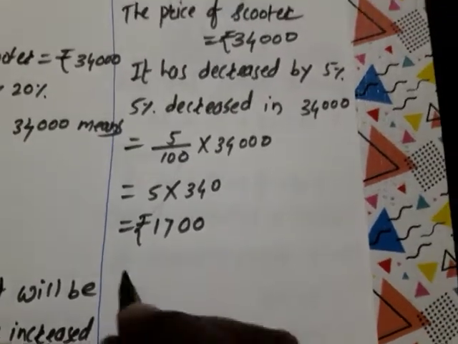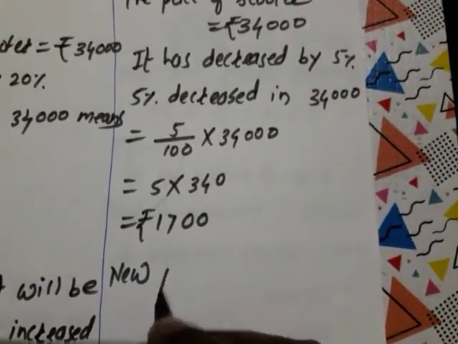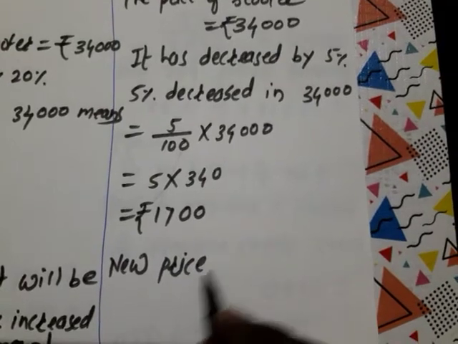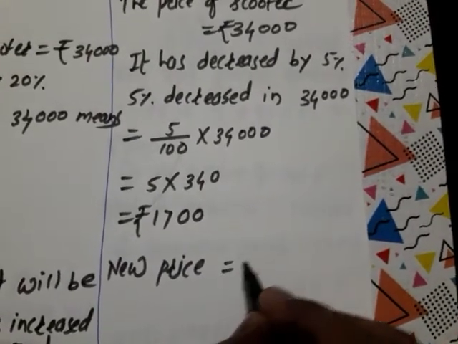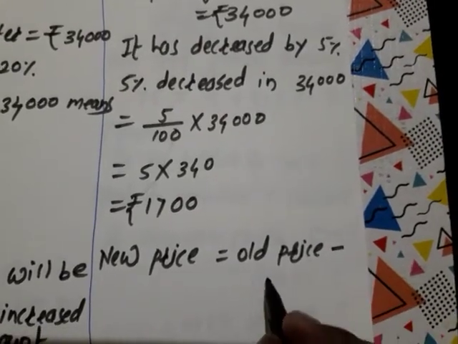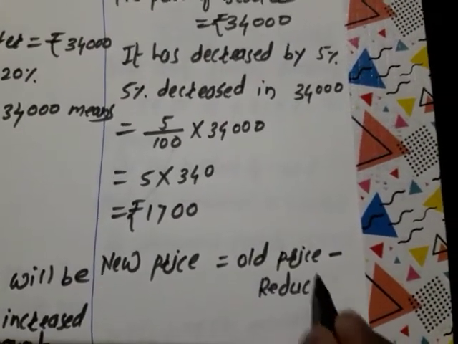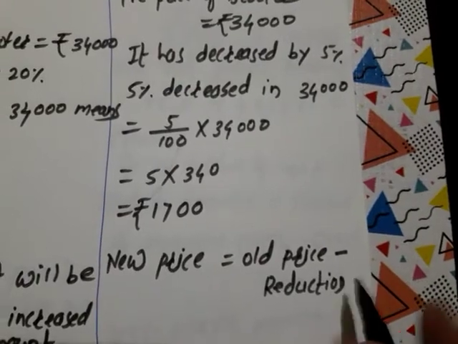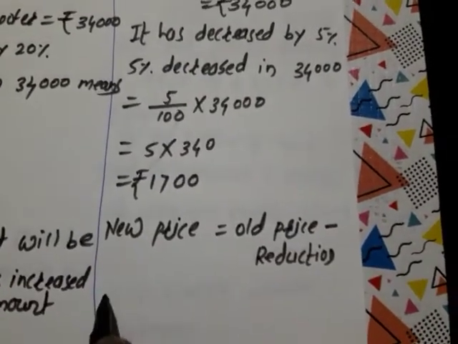Then new price is equal to what? We have to write old price minus reduction. Old price minus reduction.